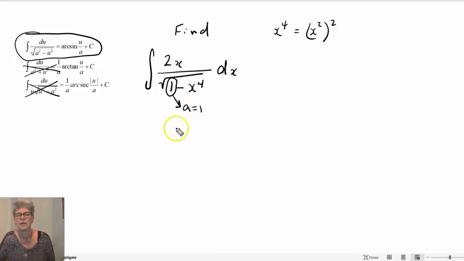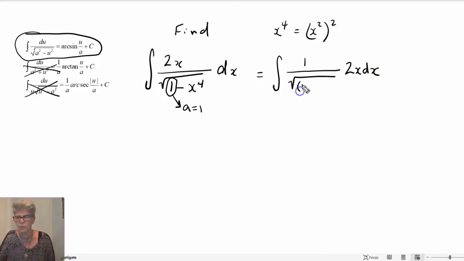So I'm going to rewrite this. I'm going to move that 2x out to be with the dx. So I'm going to rewrite 1 as 1 squared and then minus x squared all squared. Okay, so that's the algebraic reasoning I'm using there for rewriting.